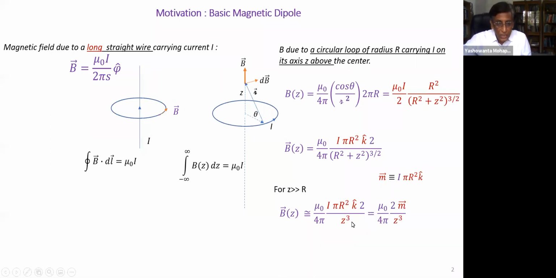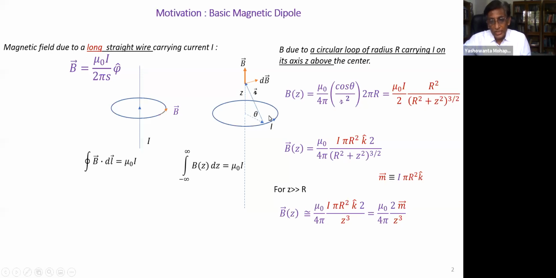That is what we expect of a dipole: for large z compared to the radius of a small loop, B of z goes as 1 by z cube, and that's like a dipole. And I define this as the magnetic dipole moment.